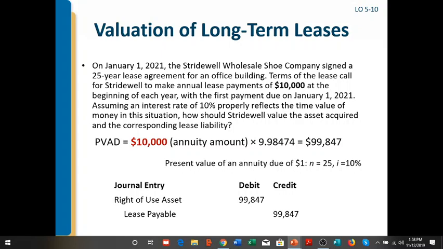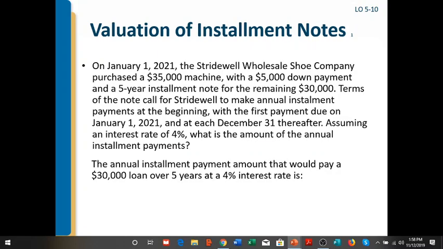So essentially they're paying $250,000 over the lease period, but the present value of this annuity due is only $99,847, so they're paying a lot of interest.